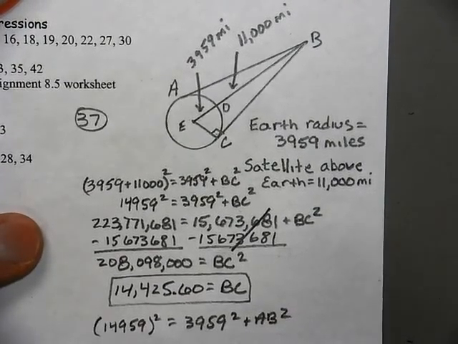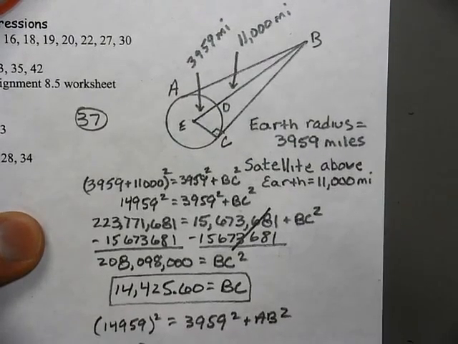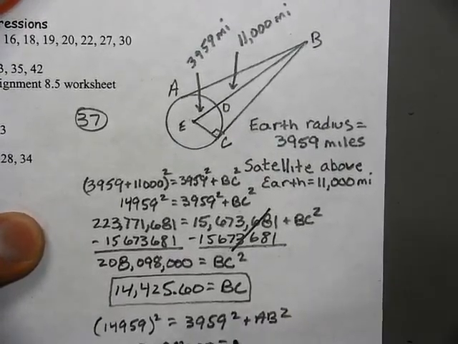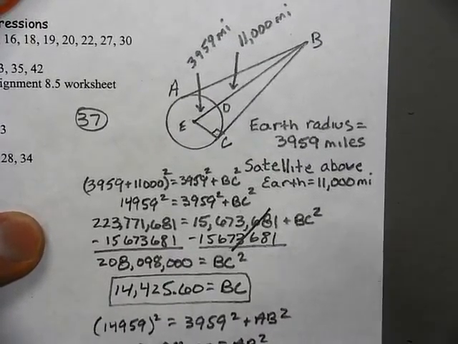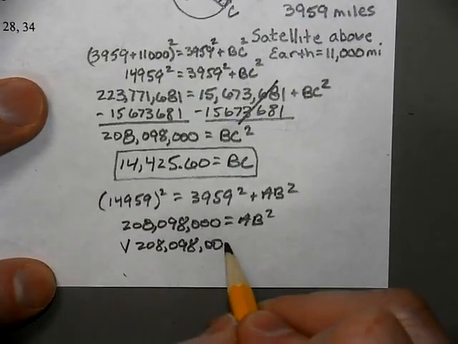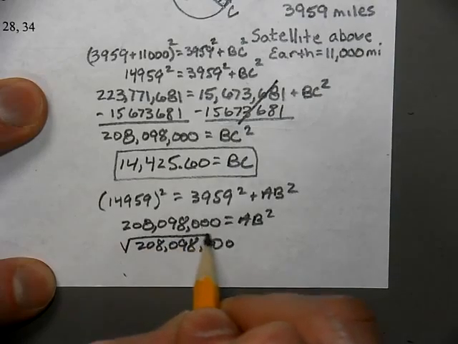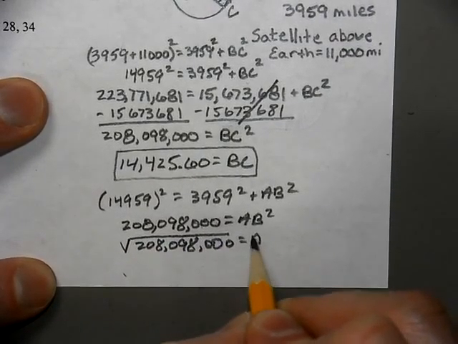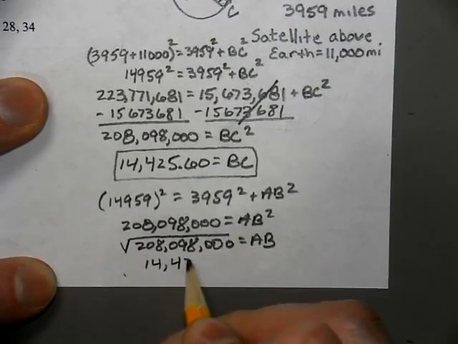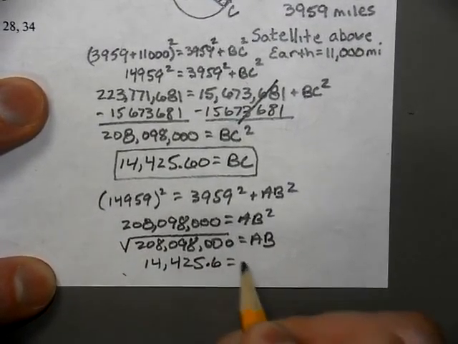When we subtract everything over, we're going to get our value of 208,098 equaling our AB squared. So we'll have to take the square root of that value. And when we do that, we get 14,425.6.